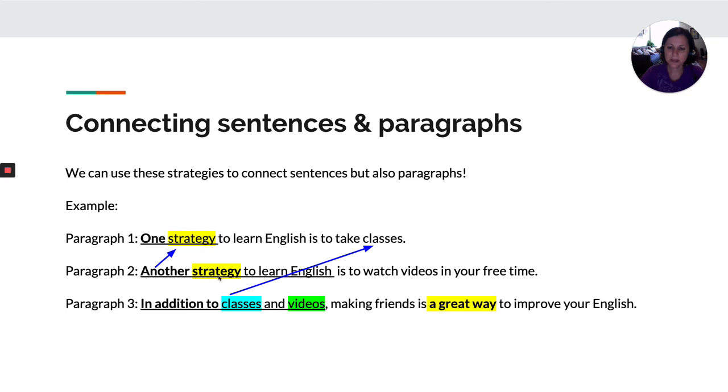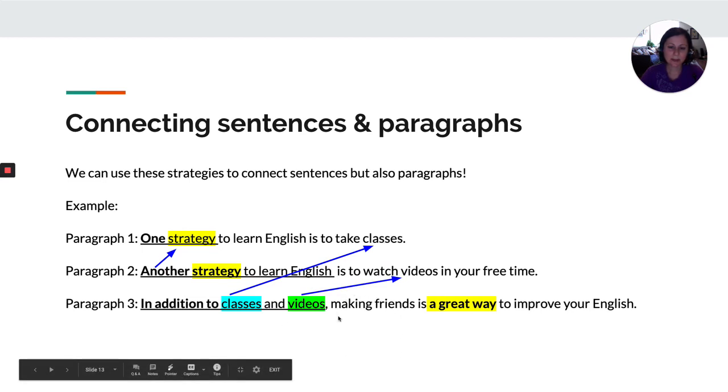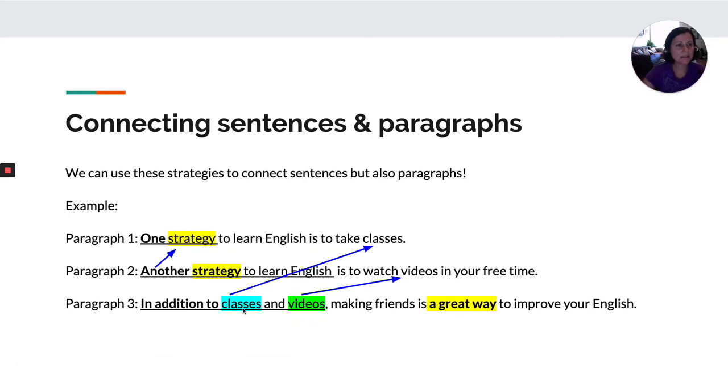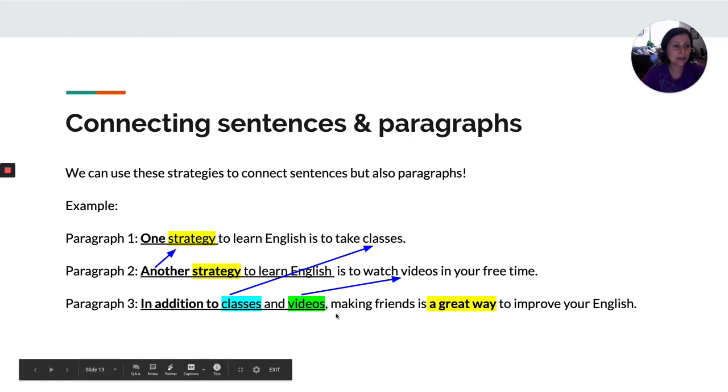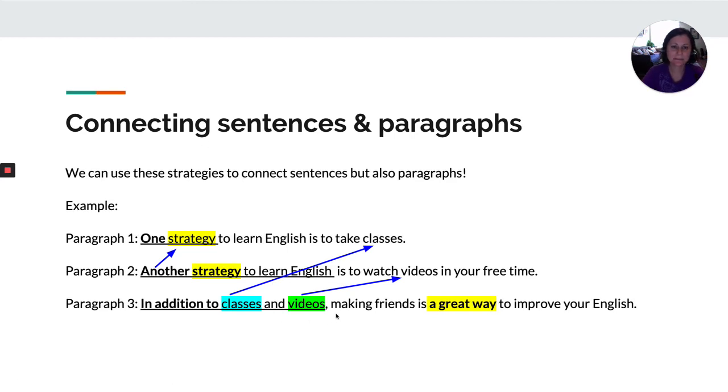Here's another strategy. And then I'm referring back to the classes in my first paragraph. This is going to be my third point, but I'm reminding the reader of what I talked about before. So I'm connecting the ideas across paragraphs.